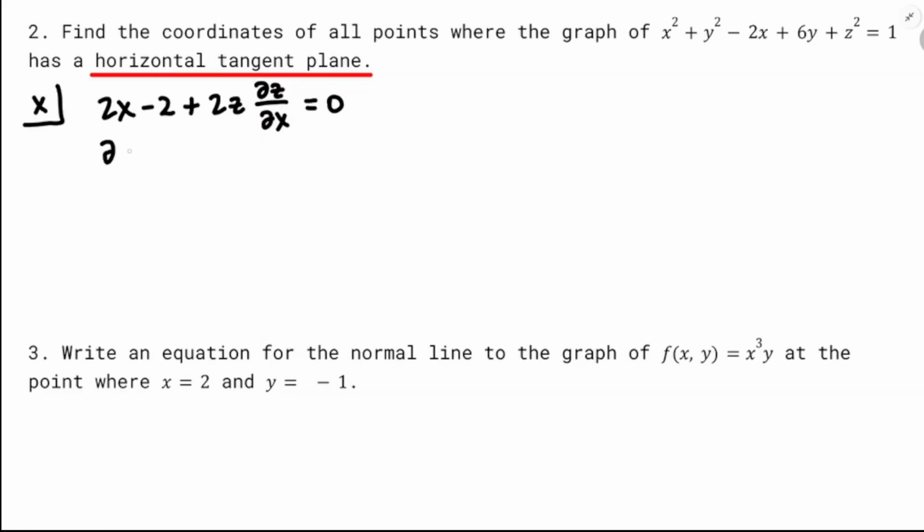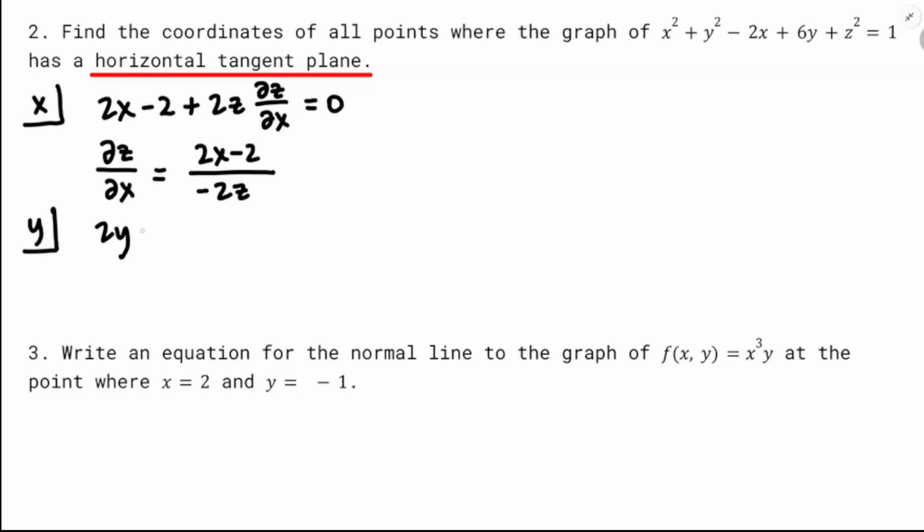If I collect this all around, the partial of z with respect to x is going to be 2x minus 2 all divided by negative 2z. And then if I go the same process with respect to y, the derivative of x squared would be 0, derivative of y squared is 2y.